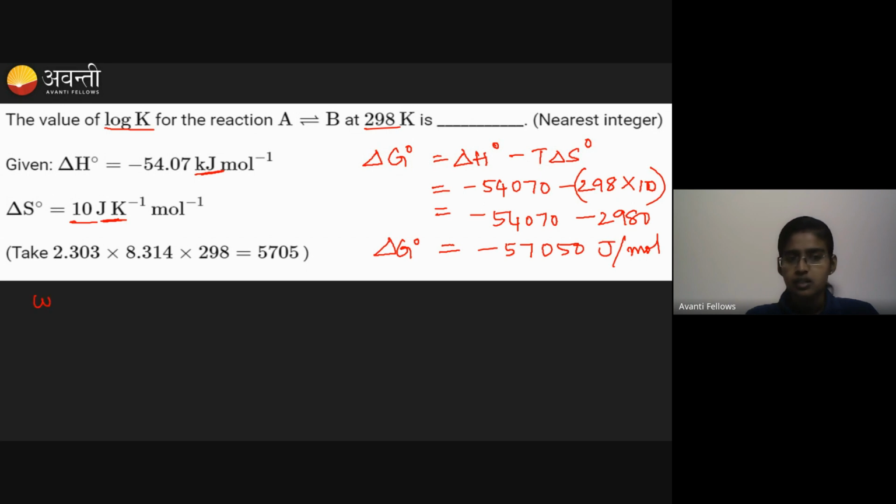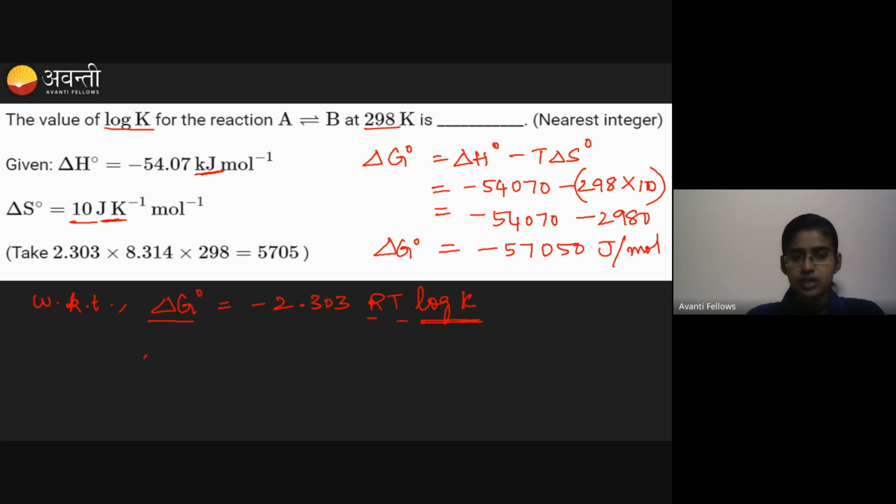And we know that delta G naught is equal to minus 2.303 RT log K, right? So we have to find out log K. R value is there, temperature is there, delta G naught is also there.